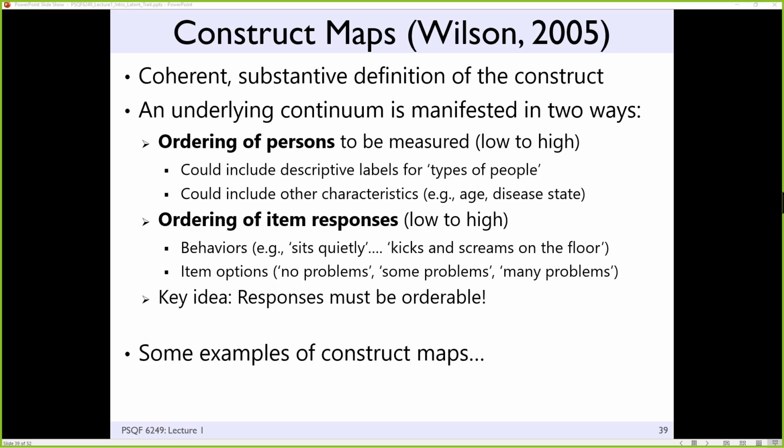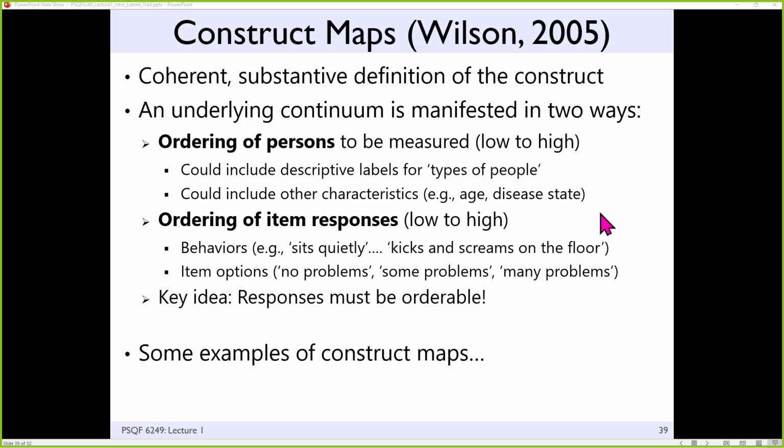So in this world, we're talking about the idea of measurement in terms of ordering of people and ordering of items. So we can think about types of people as varying in whatever would cause differences in this construct, but to be able to form an instrument to measure them, we have to think about ordering of items. So at a minimum, you would have an item that is binary, right? Either you do this or you don't.